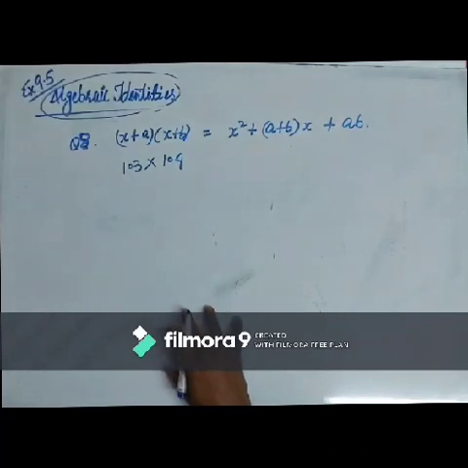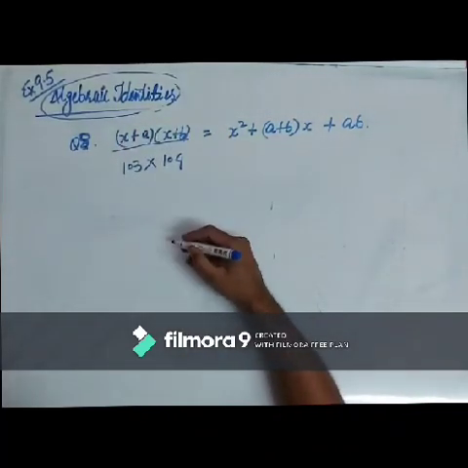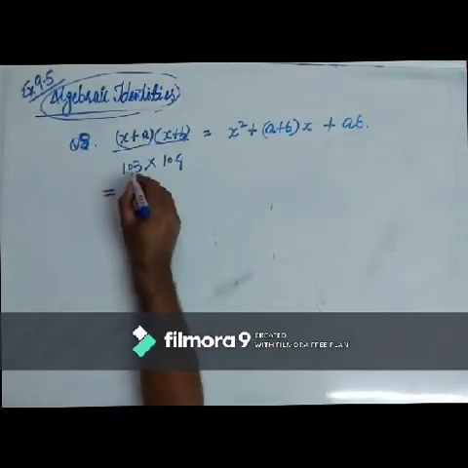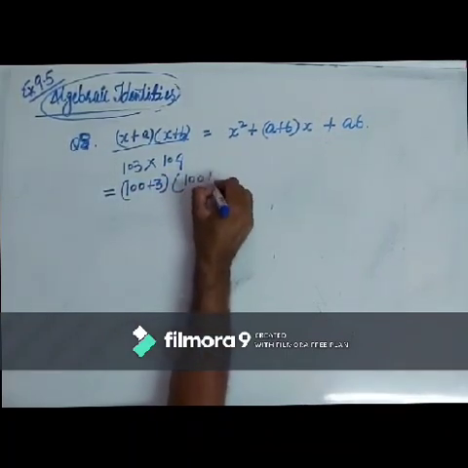Look at it, 103 and 104 are actually not resembling this identity, but we have to rearrange these terms, and I will write 100 plus 3 and 100 plus 4.